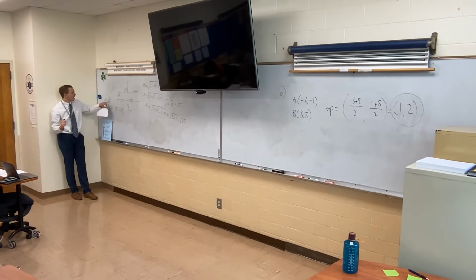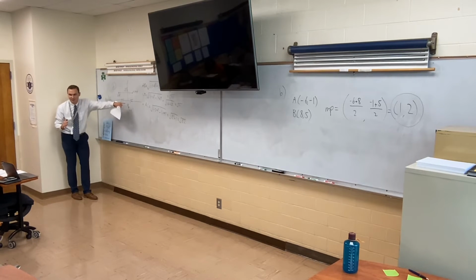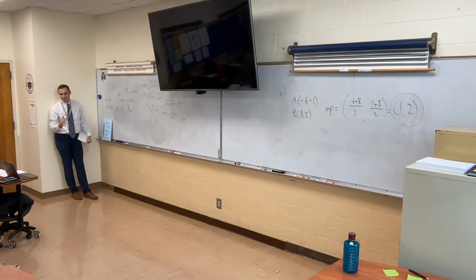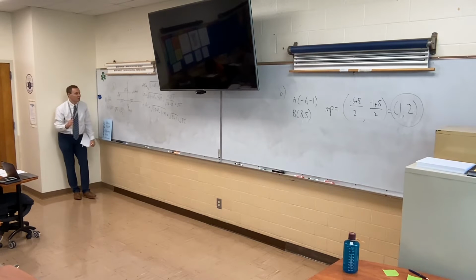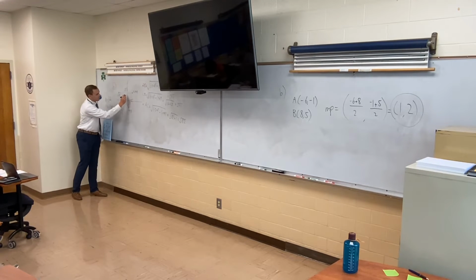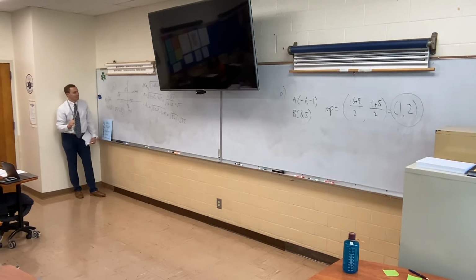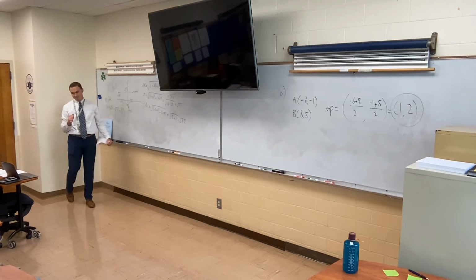Right, because I did 1/2 base times height. Are we just having trouble understanding why this is the base, and which one's the height? So you see why this is the base and this is the height that I chose? You can pick either one. It's the easiest way to do it. The right angle here.